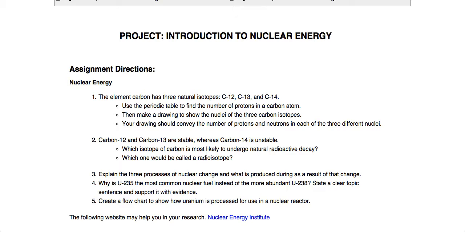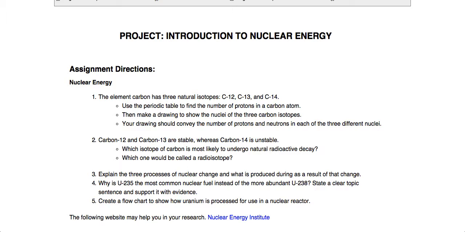If you're going to use the Nuclear Energy Institute, that's fine. If you're going to use INPO, the Institute of Nuclear Power Operations, or the Nuclear Regulatory Commission, I'm fine with those sites as well, as long as you cite them properly and support your answers with those reputable sites.